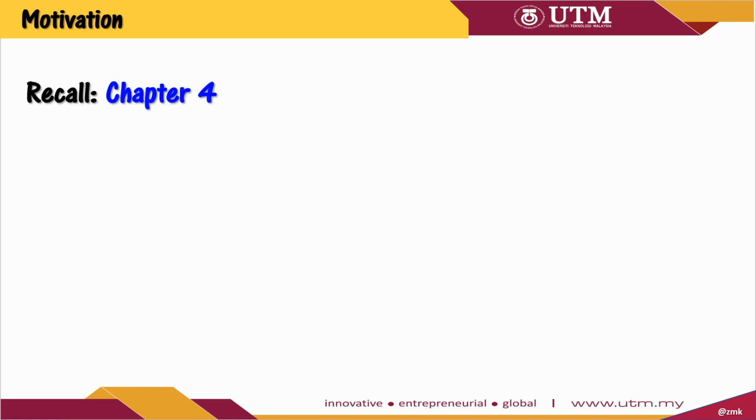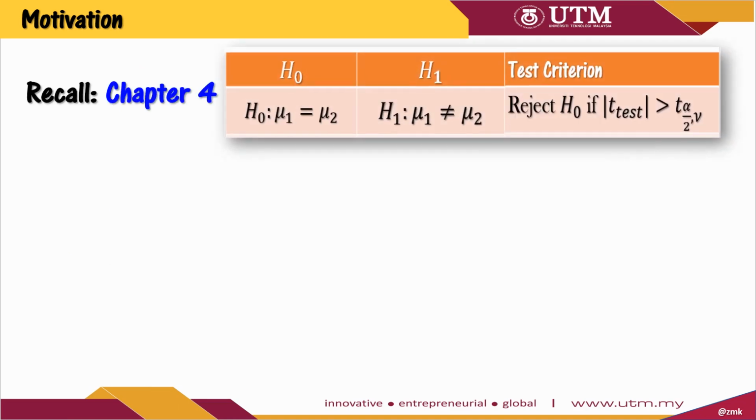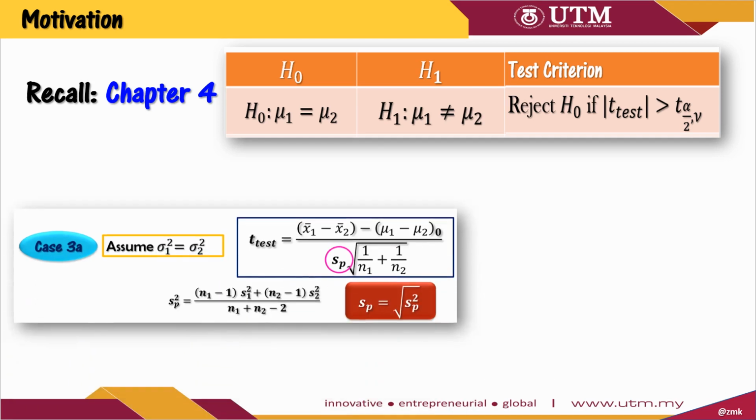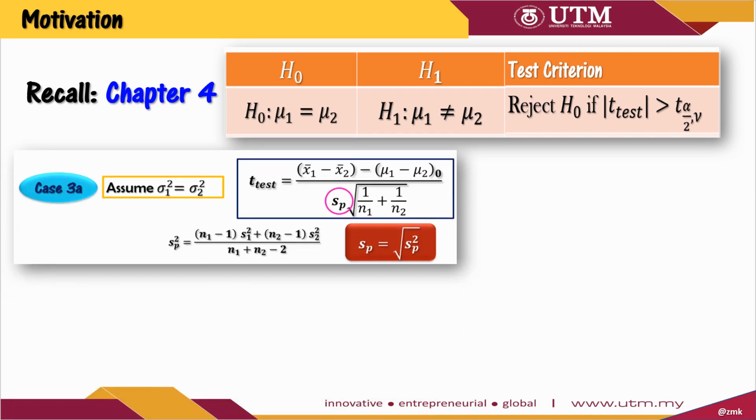Recall from Chapter 4 when you test a difference between two population means where the population variances are unknown and assumed to be equal, whereas the sample sizes are small. The case was classified as Case 3A, where you should use a t-test statistic as the correct choice of test statistic. The unknown and yet equal population variances are estimated by using the pooled variance denoted by Sp squared.